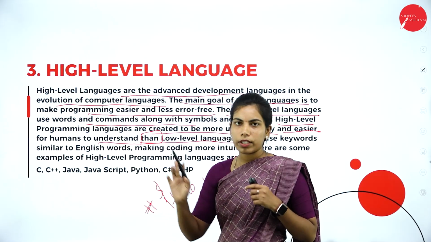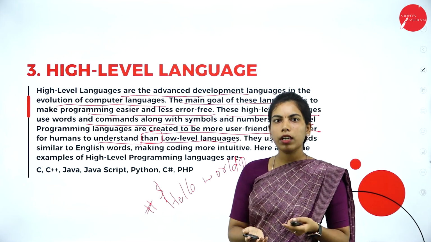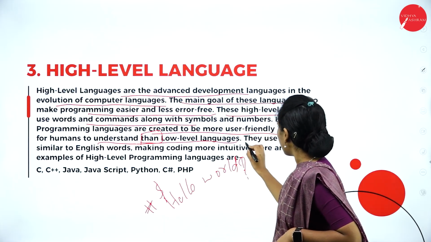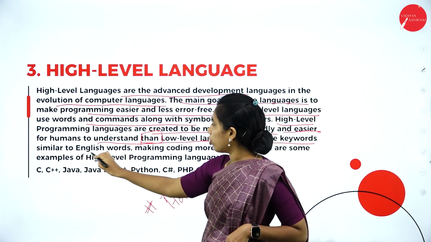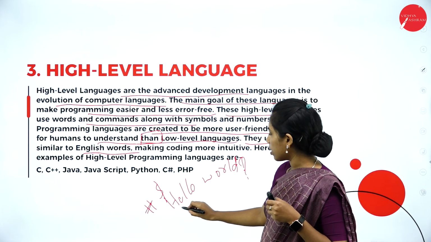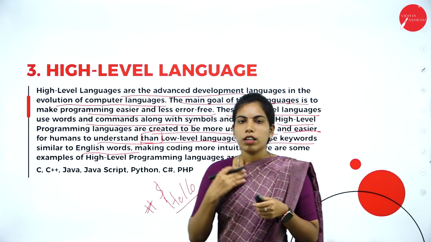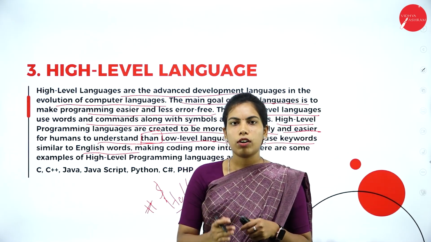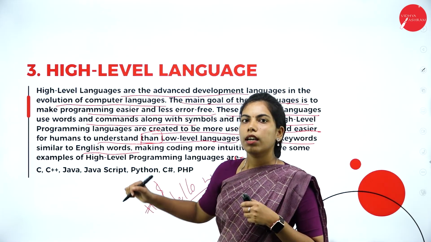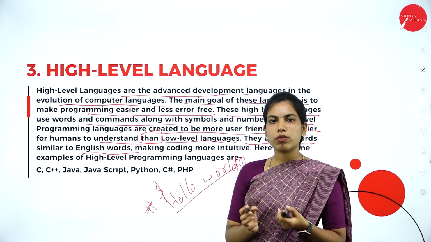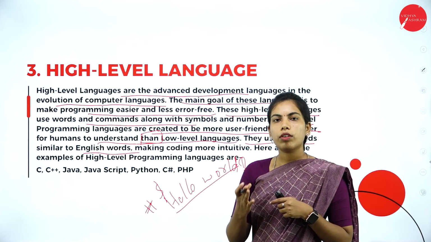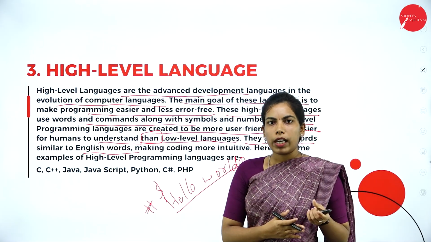High level language is in human understandable and human readable formats. They use keywords similar to English words. Here you can see my example, hello world. As human beings we can read it, and the system can also understand normal English words. That's why high level languages are more familiar than low level languages.